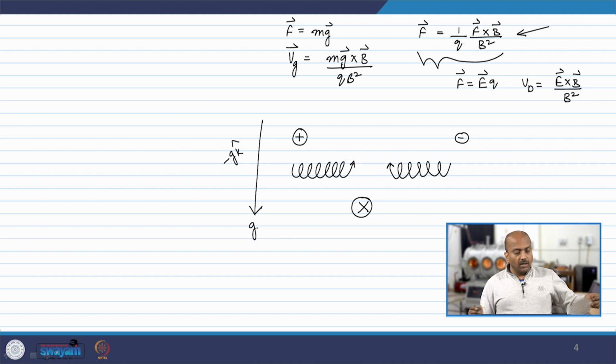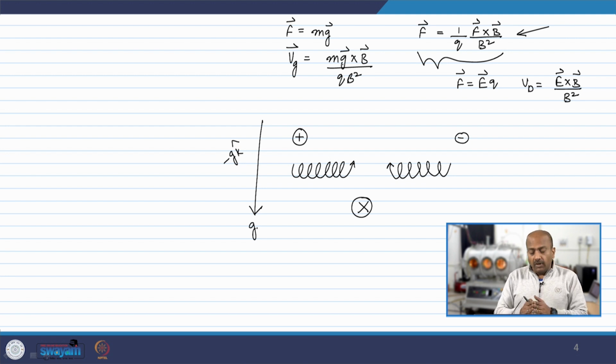Now, in a nutshell, the most important conclusions of this entire discussion are that the magnetic field will never be able to affect the energy of the particle. The velocity component along the direction of the magnetic field will remain constant. If you put an electric field perpendicular to this direction, then the other two components of velocity will be affected by the electric field.